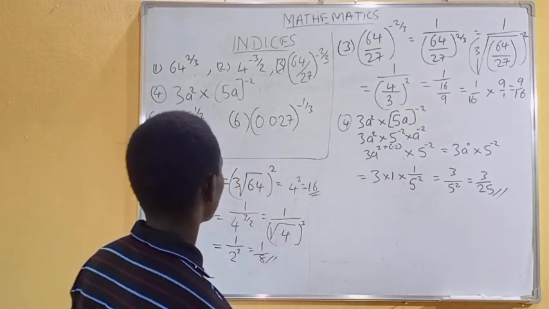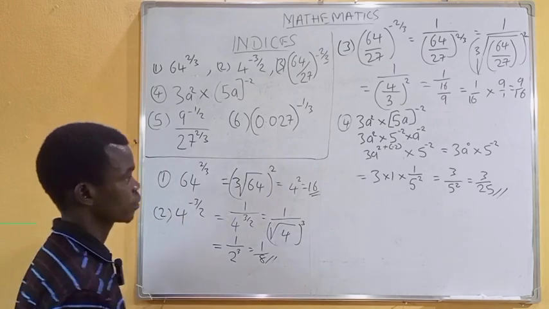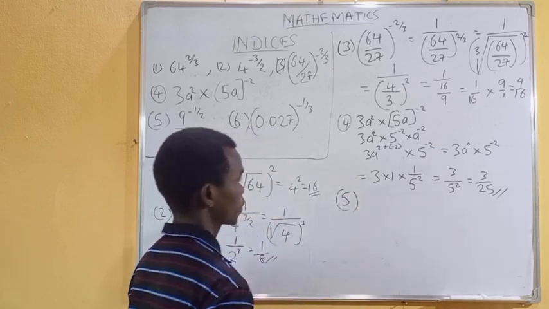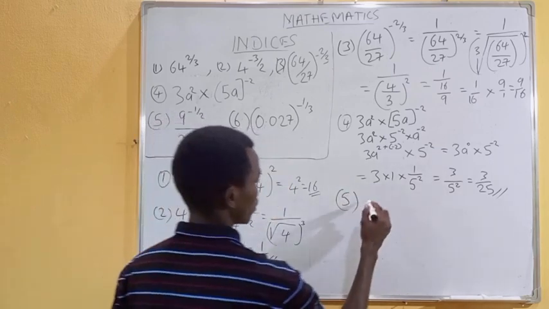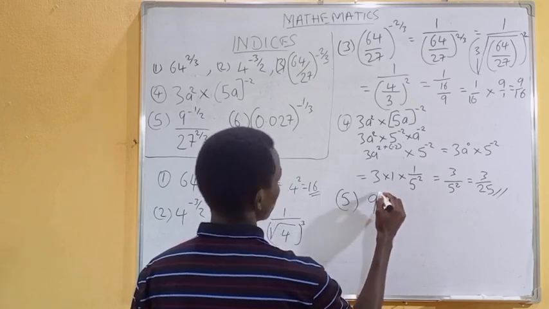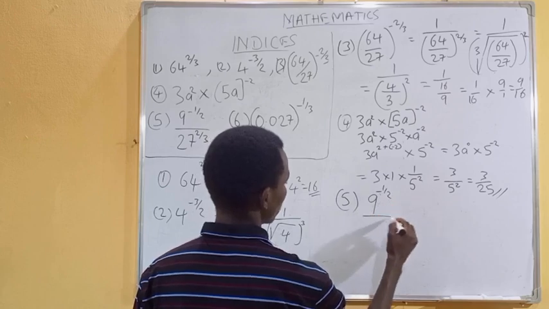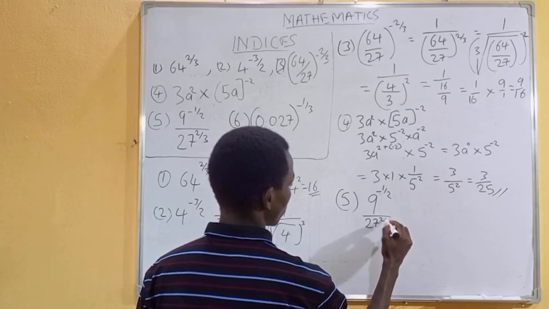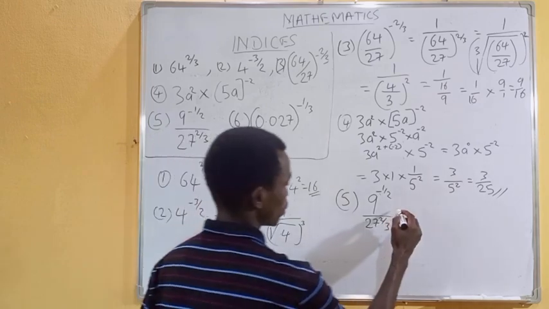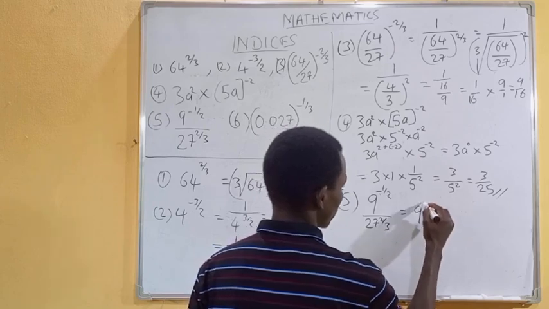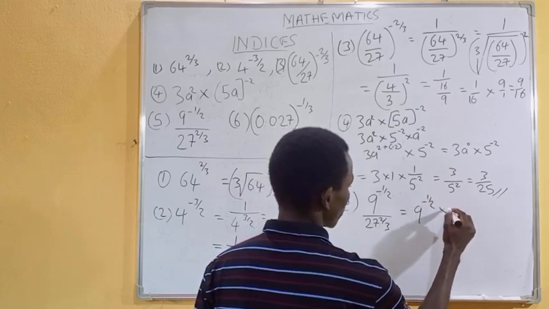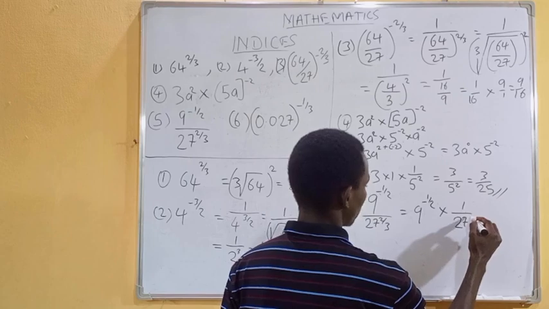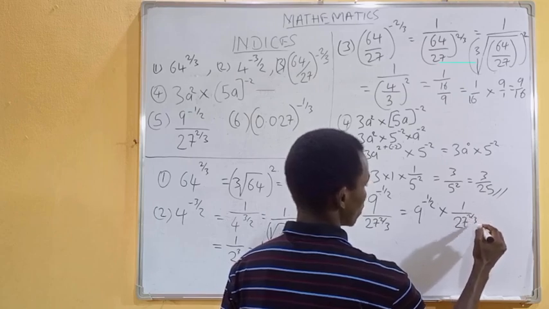So let's solve question 5. We have 9 raised to the power minus 1 over 2 all over 27 raised to the power 2 over 3. This can also be written as 9 raised to the power minus 1 over 2 times 1 all over 27 raised to the power 2 over 3.